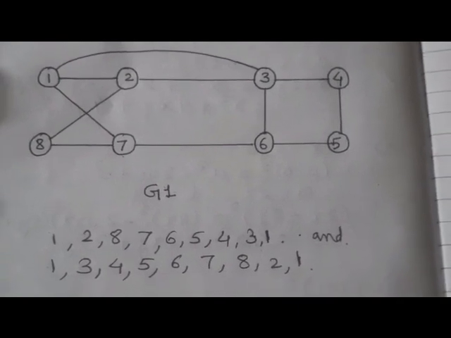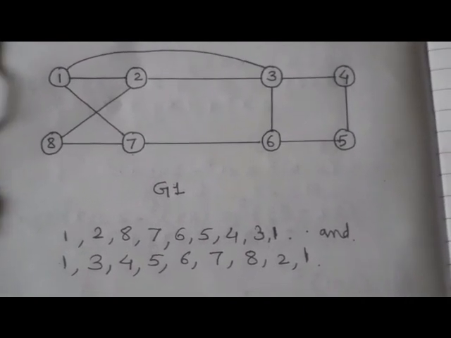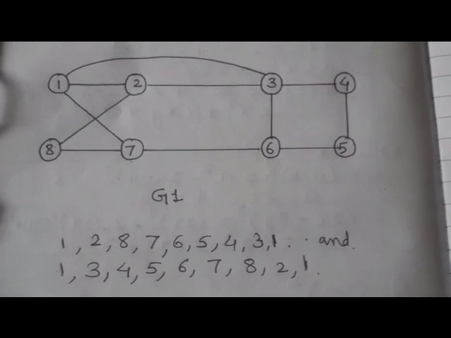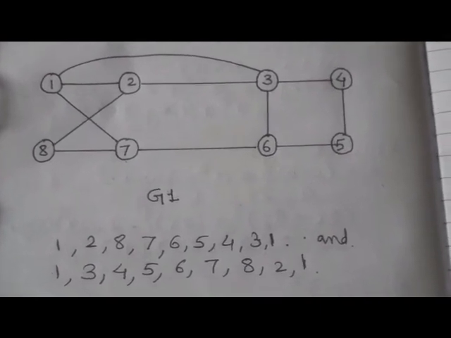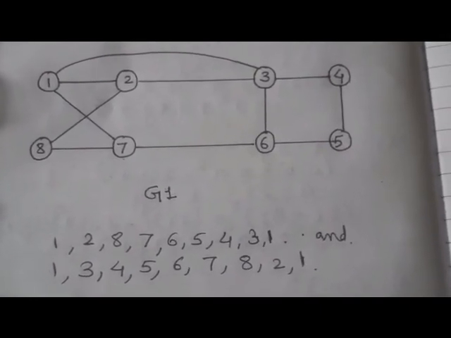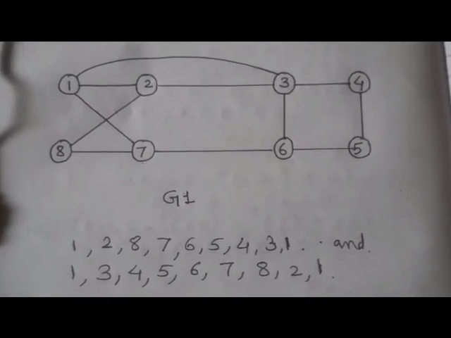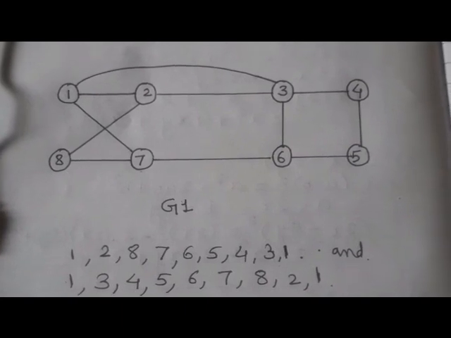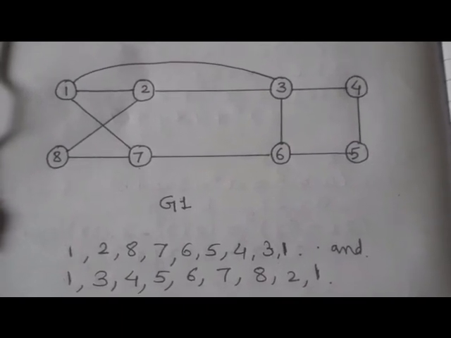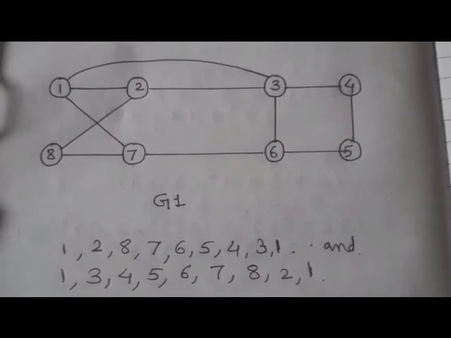So this graph shows two Hamiltonian cycles where we visit all the vertices and return to the starting position. There are some graphs which don't have a Hamiltonian cycle, and for that we will see an example.